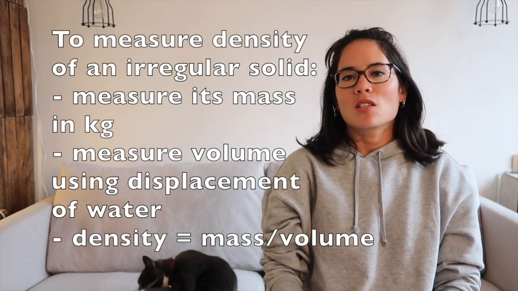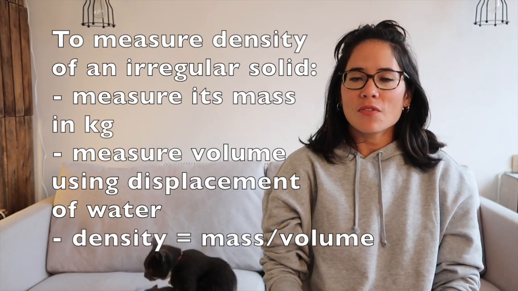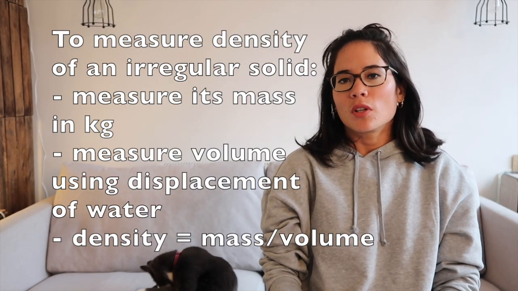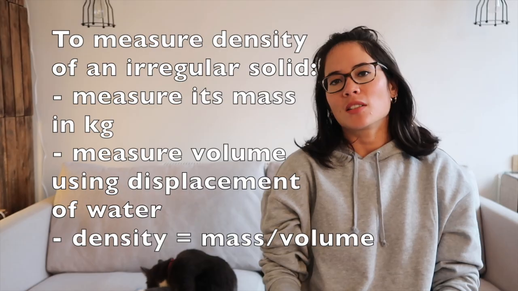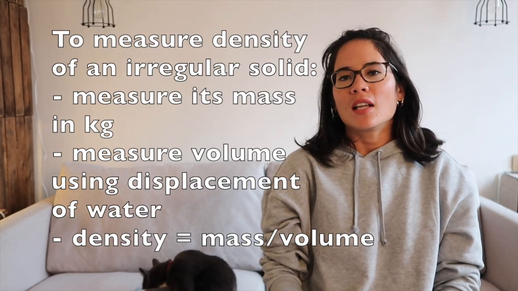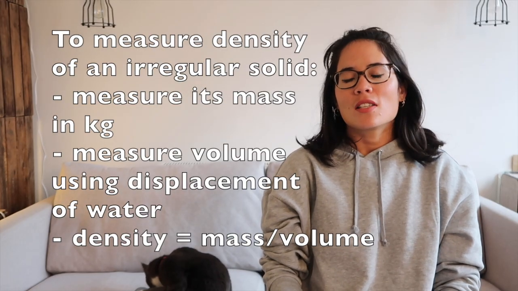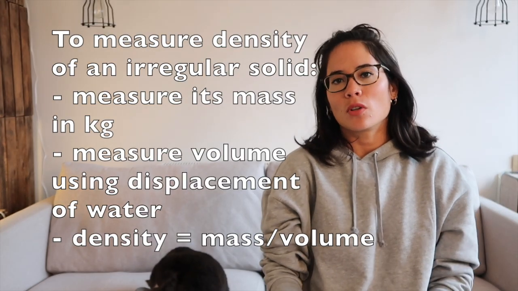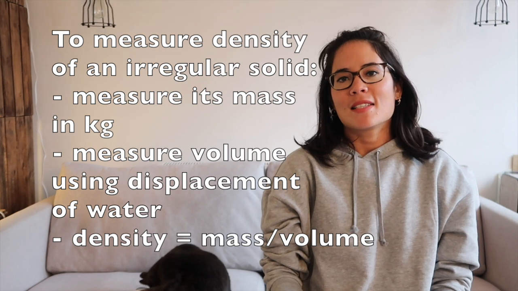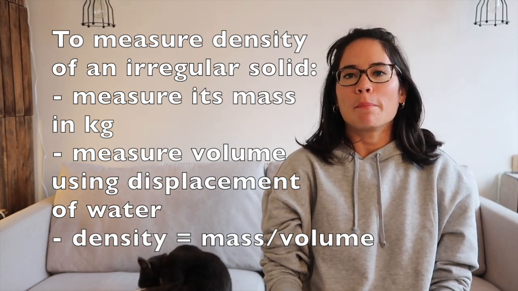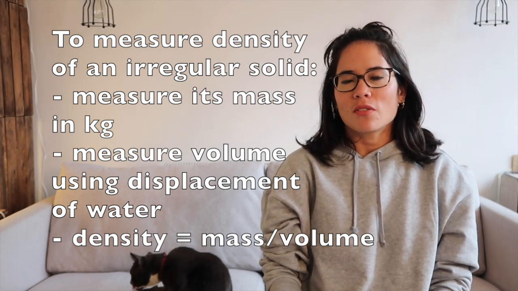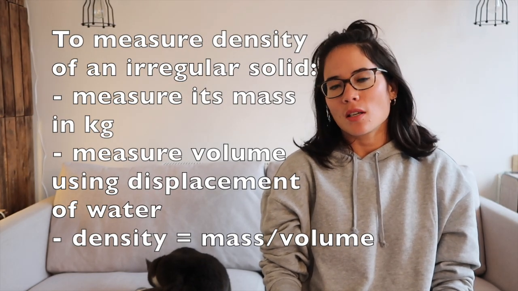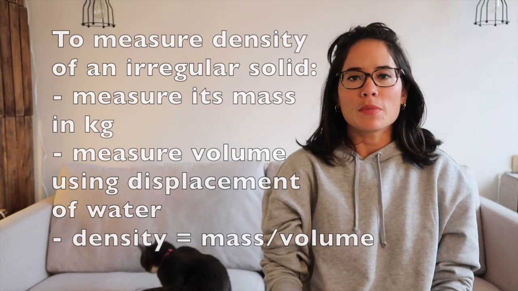The simplest way to describe this is you fill a measuring cylinder with water, you measure the volume, then you add the object to that measuring cylinder and you measure the new volume, and the difference between those two values will clearly be the volume of the object, so its volume is now sorted. Its mass is easy to determine using the top-pan balance method. Substitute the values into the equation, and make sure you state the equation in your answer, that will be worth a mark, and out pops density.